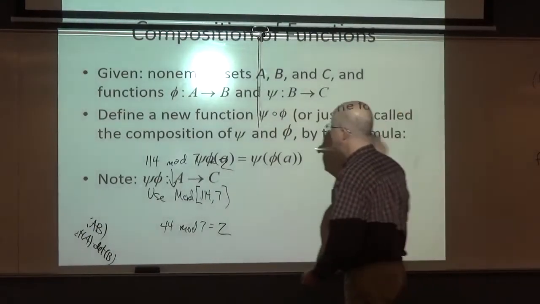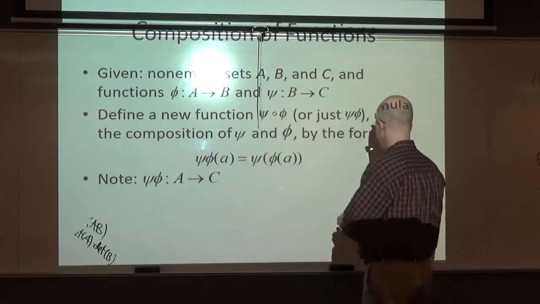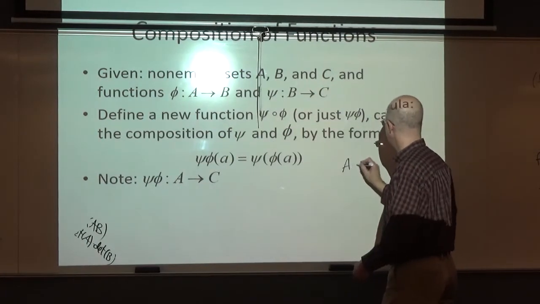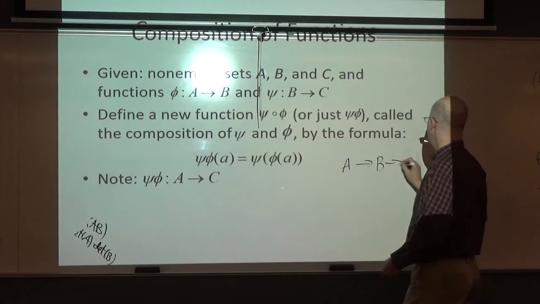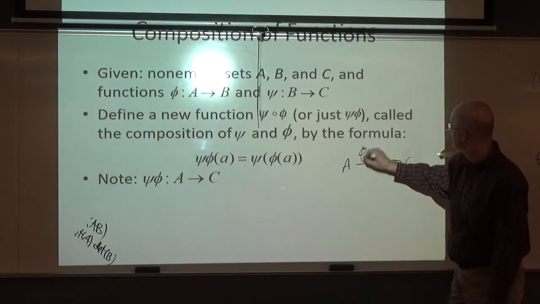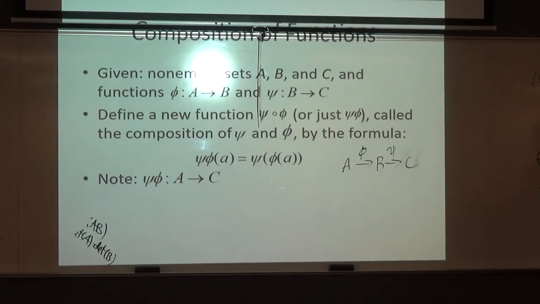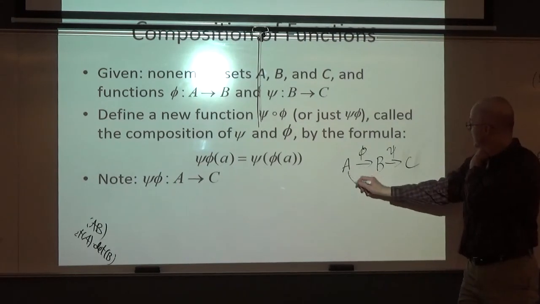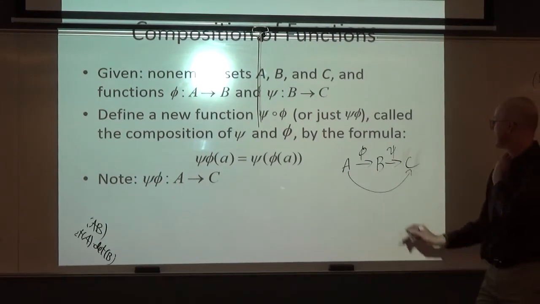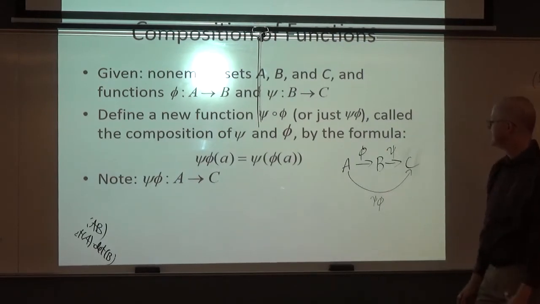It's common to draw a diagram in this situation. A couple kinds of diagrams. You could draw a diagram like this, and put phi and psi above the arrows, like that. And then the composition goes from A to C. And that composition, careful, puts psi first and phi second.